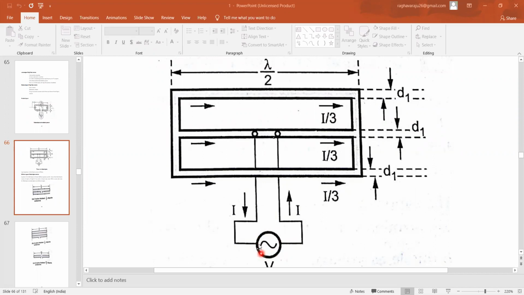This voltage is fed to their corresponding values I1 and I1.